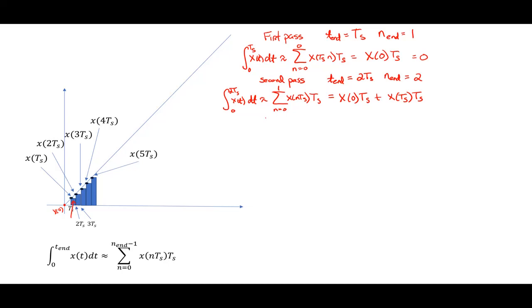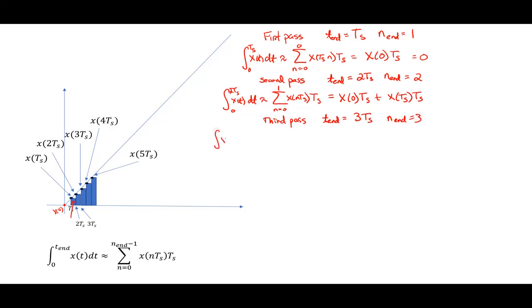Then on my third pass, t_end equals 3t sub s, and n_end equals 3.